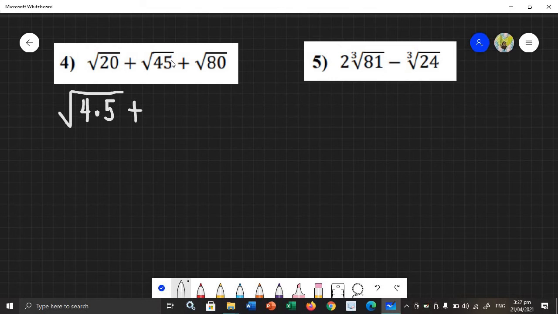Then, plus, factor out din natin si square root of 45. Pag finactor out natin si square root of 45, ang perfect square na factor niya ay 9. Okay? Times 5 is equal to 45. And then plus, si 80 ifa-factor out din natin siya. So, ang highest na possible perfect square ni 80 ay 16 times 5 is 80.